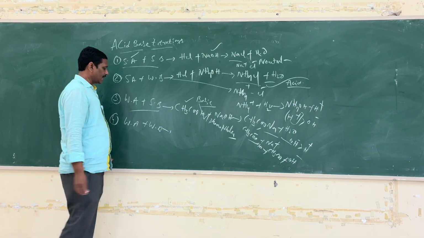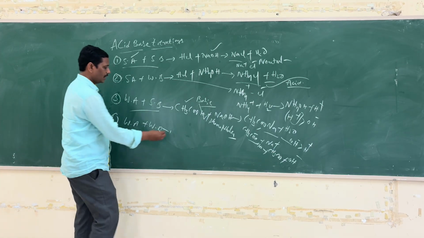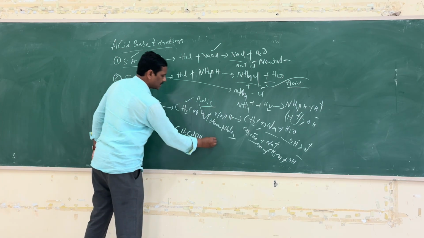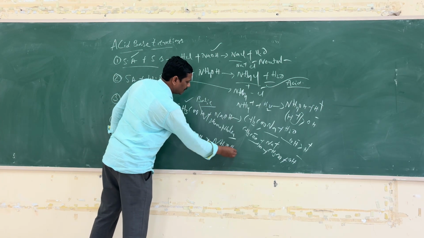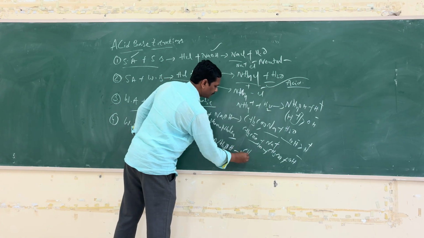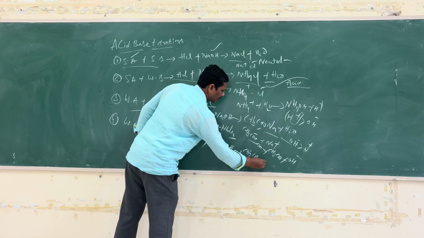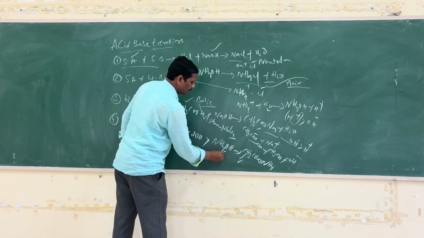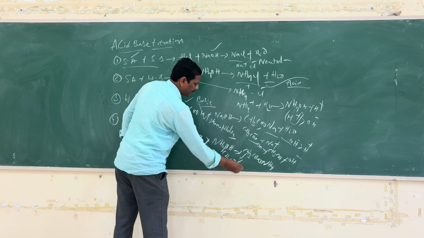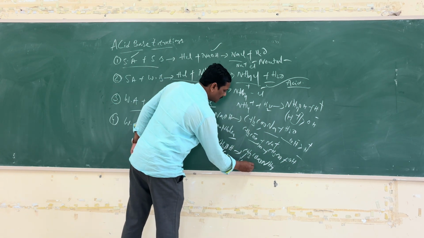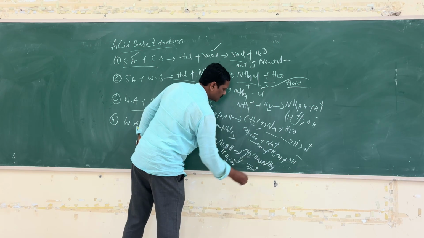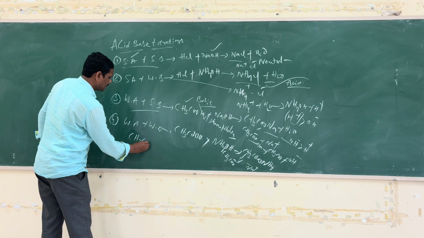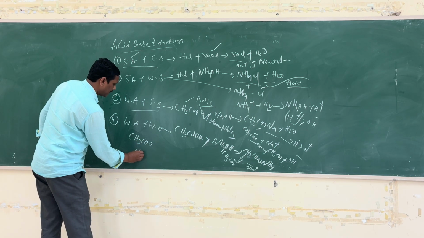Next, fourth category, weak acid versus weak base. Weak acid acetic acid and weak base ammonium hydroxide produce CH3COONH4, which dissociates into CH3COO- and NH4+ ions.